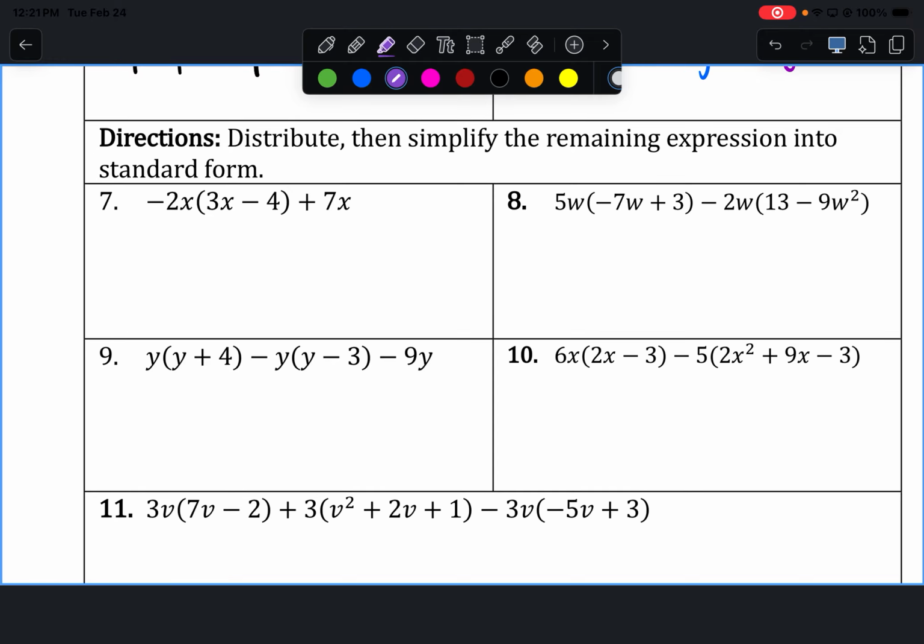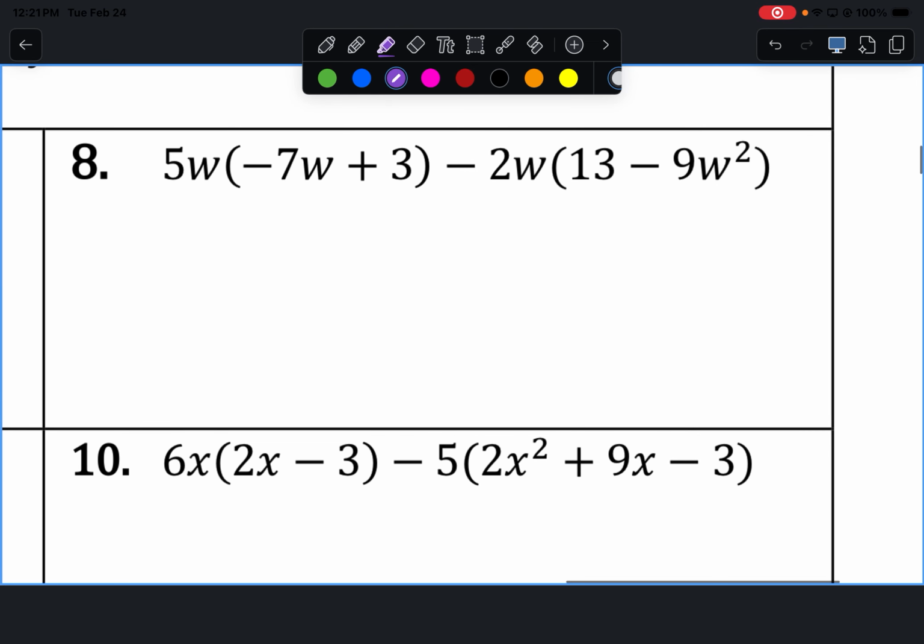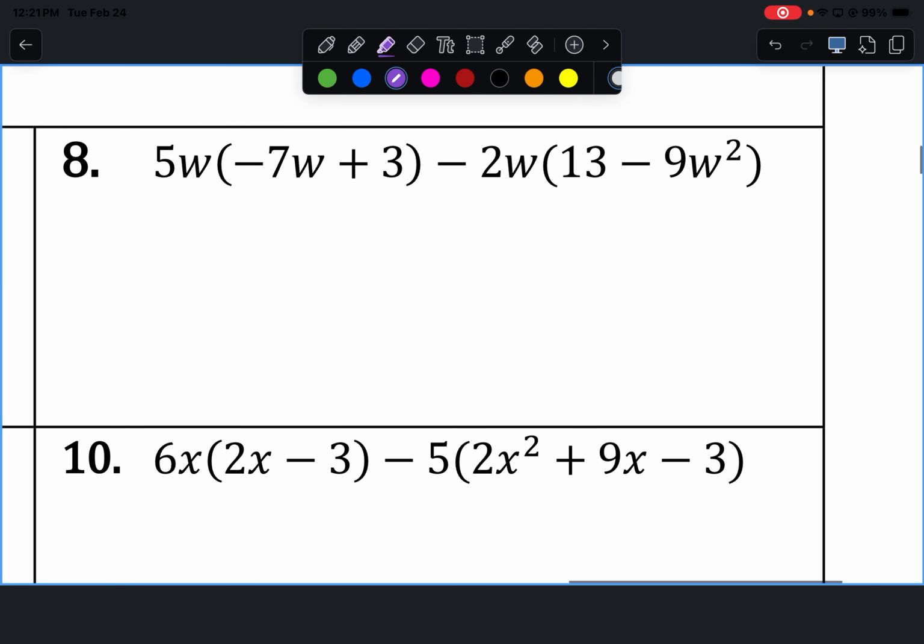So we're still going to do our evens here. All we are doing is distributing what needs to distribute and combining any like terms we have. So for number 8, what do I need to distribute first?